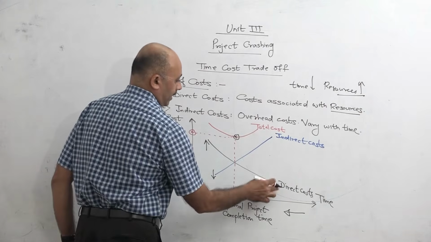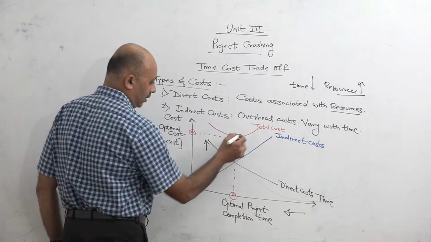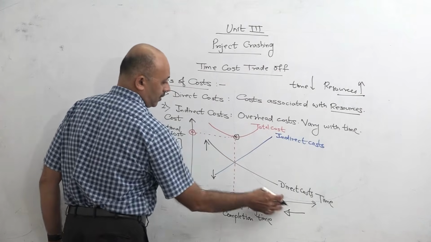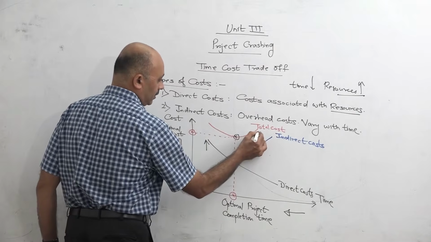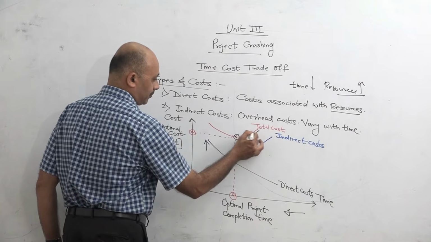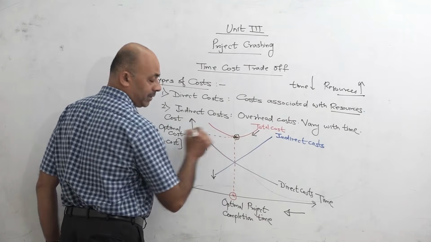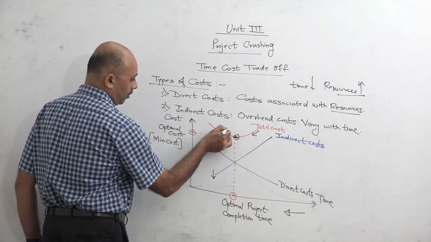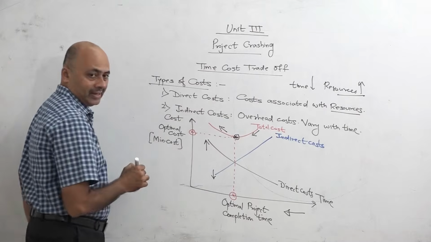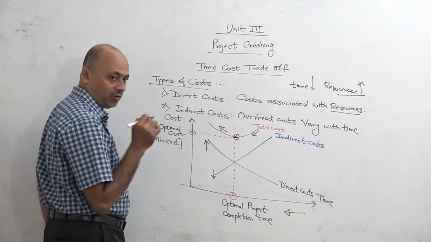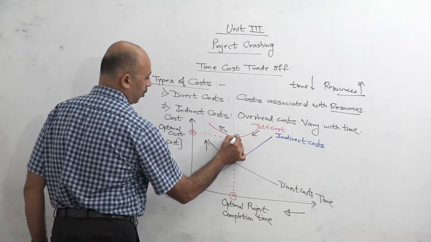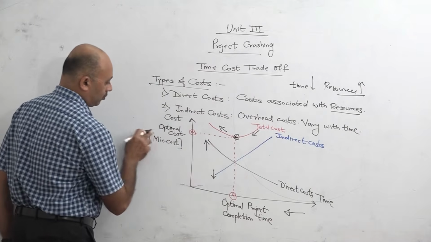Total cost is equal to direct cost plus indirect cost. The behavior of total cost is like, when we start reducing the time, initially the total cost will start to decrease. Then it will come to a point where the total cost is minimum, and then beyond this point again it will start to increase. So the objective of project crashing is to find this point where the total costs are minimum.